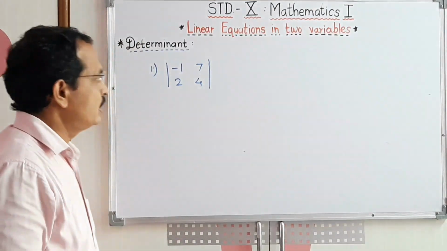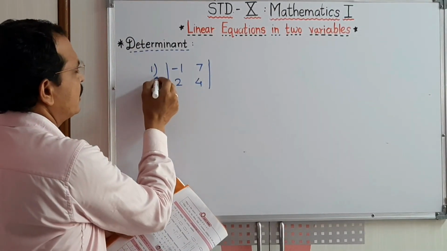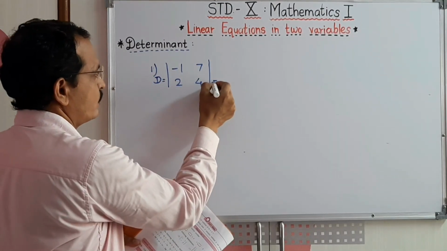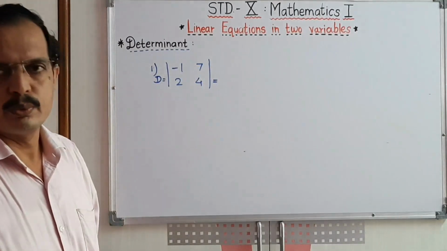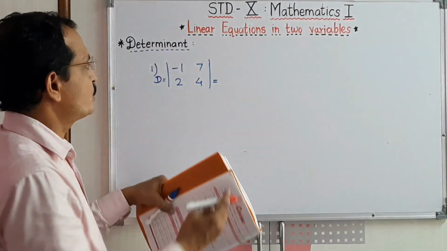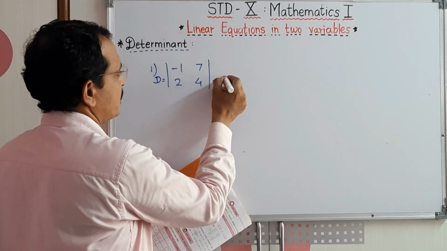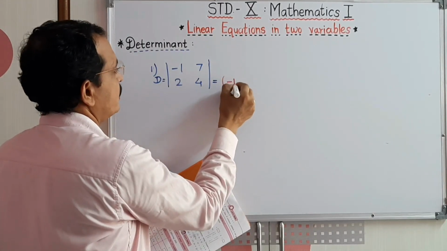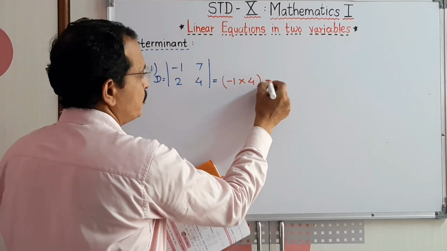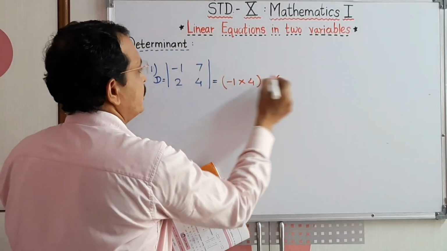Let's denote this determinant with a letter, D, and we have to find D is equal to. For that purpose we have to do the cross multiplication. Minus 1 into 4, this is cross multiplication, minus 7 into 2.